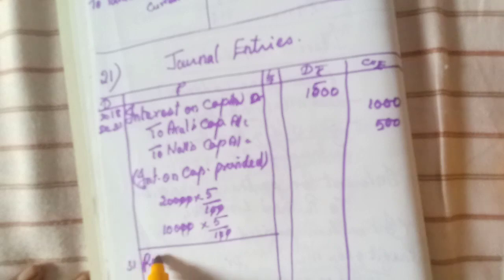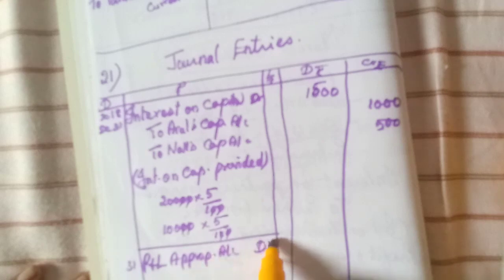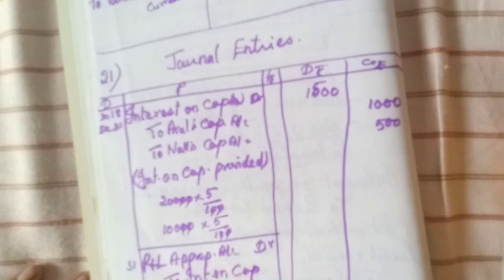Profit and loss appropriation account debtor, you should write fully, to interest on capital account. So interest on capital transferred, 1,500.